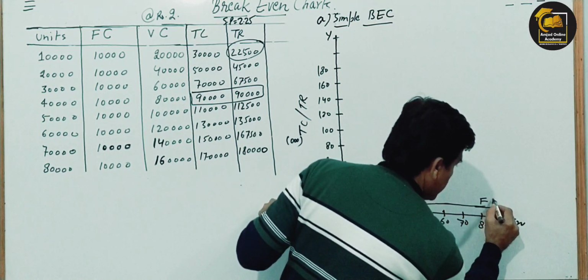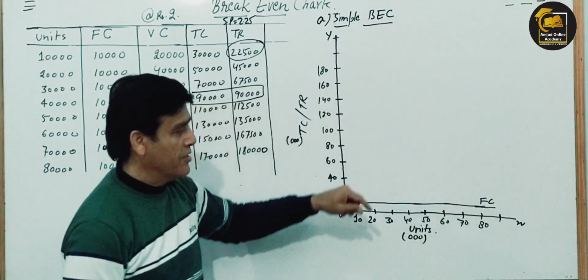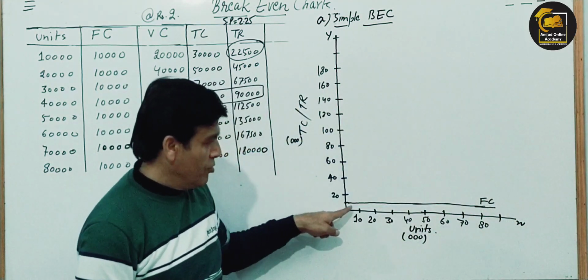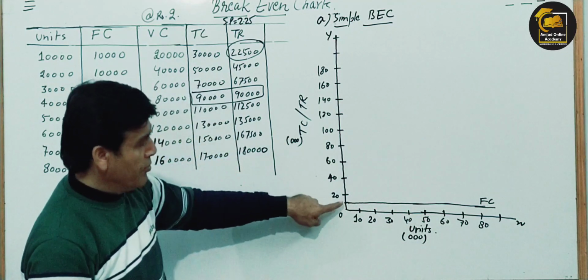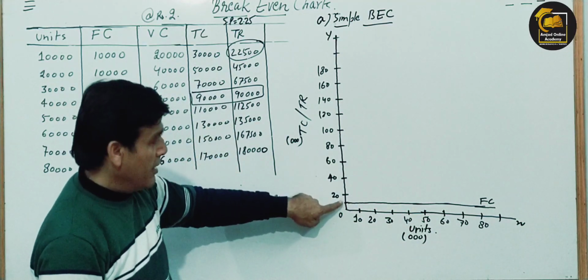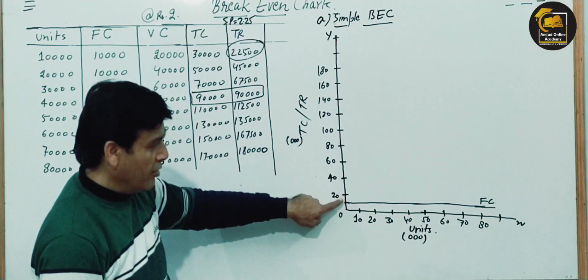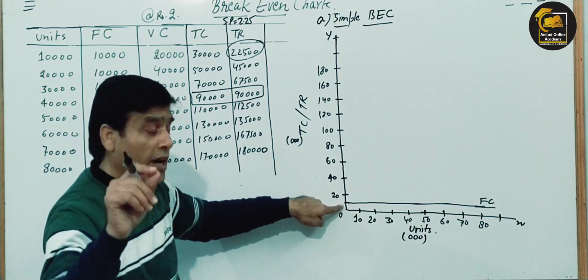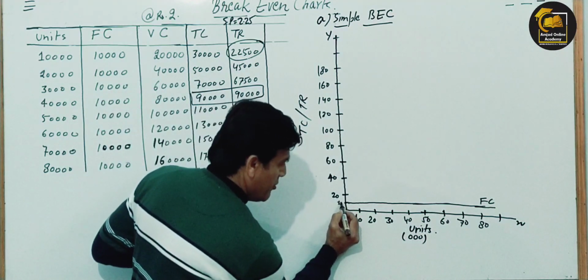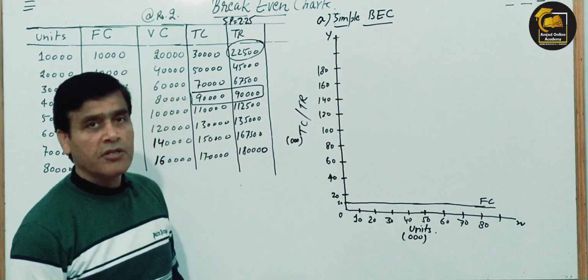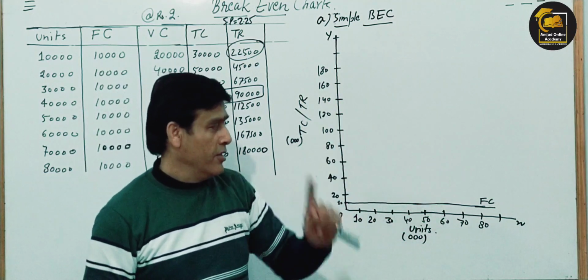And this will be known as the fixed cost curve or fixed cost line, because it has to go parallel to the x-axis. And here this is your 10,000, because if you look here, 10,000, 20,000, so just the half of this will be known as 10,000. This is your 10,000, and at 10,000 we have shown you the fixed cost. It has to be parallel to the x-axis.